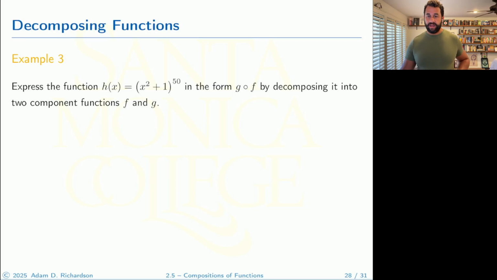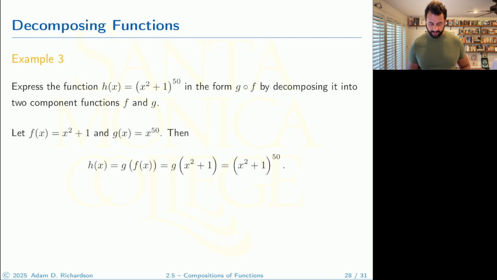Okay, realistically, what we are looking for is an inner function and an outer function. And here we're only decomposing it into two pieces. So what is the inside function and what is the outside function? Here they are. Let f of x equal x squared plus 1, and let g of x equal x to the 50th. Then, when you compose these two functions in that order, f and then g, you'll see that you actually get h of x.